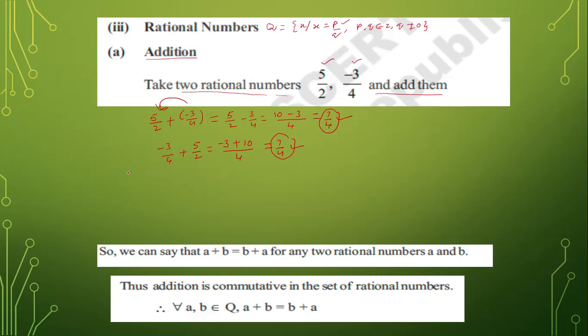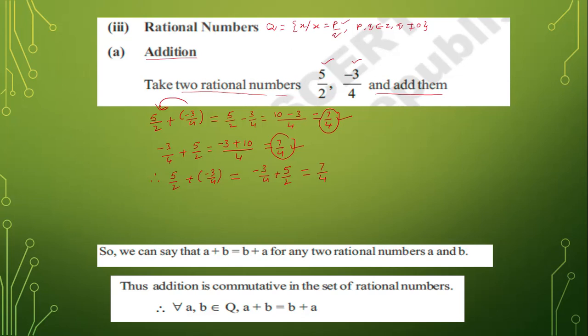That means what we can say? Therefore, 5 by 2 plus minus 3 by 4 is equal to minus 3 by 4 plus 5 by 2. That is equal to how much? 7 by 4. In both cases, we get the same result, that is 7 by 4.